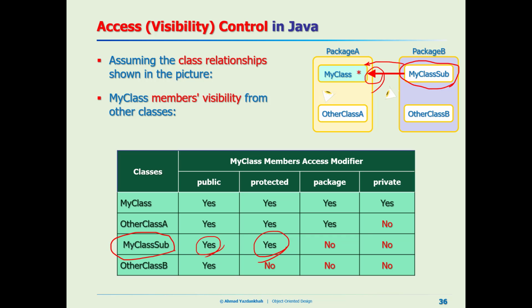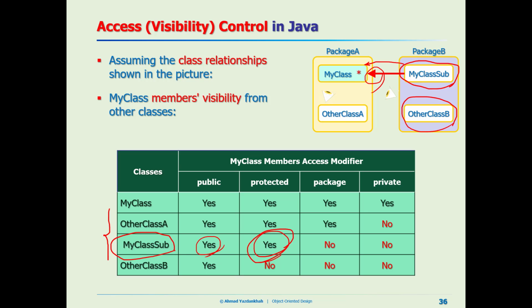Yeah, that's the difference that I mentioned before. There are some subtle differences between the package and the protected, right? And here is the explanation. So if it is protected, it can be seen by other classes that are inheriting from MyClass, right? But this is not the case for this guy, right?